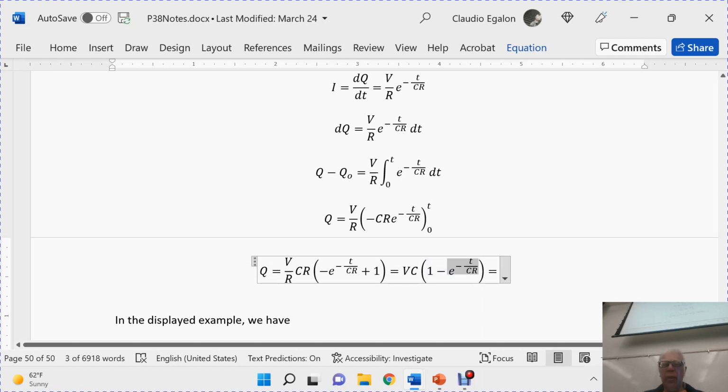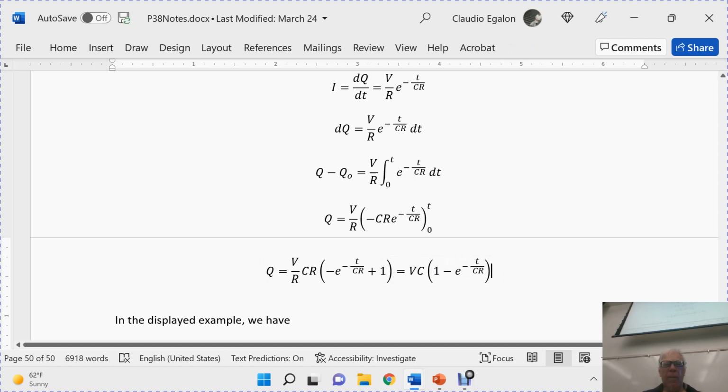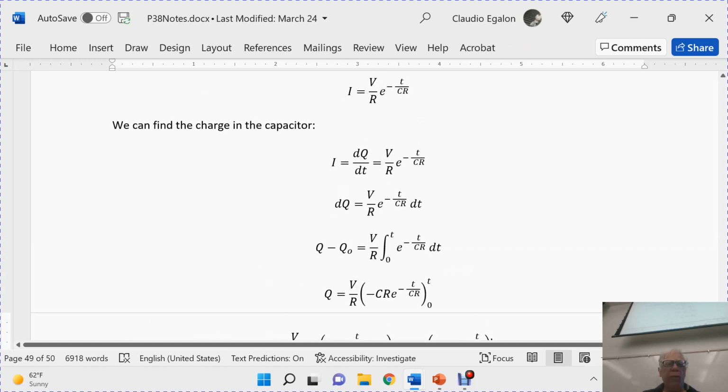It matches what we have. Whenever t is very large, this term reduces to 0, and we get a charge equal to CV. CV has units of charge due to the definition of capacitance. Okay? So, what else can we do?